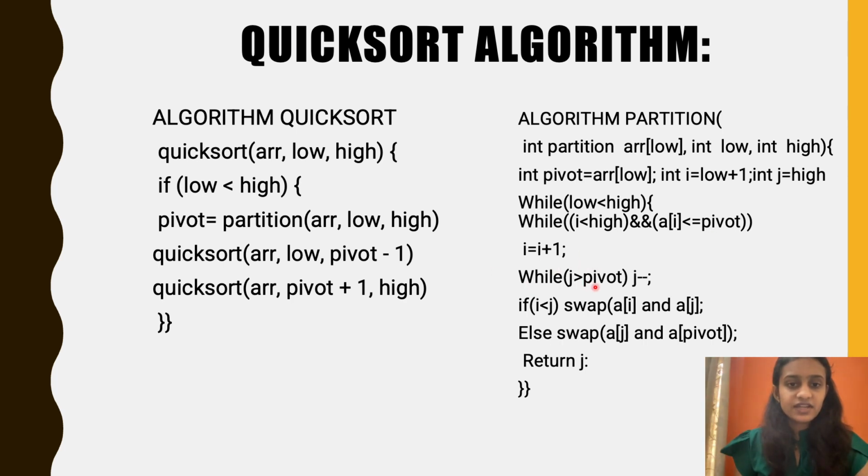While a of j is greater than the pivot value, j minus minus. We are using an if condition: if i is less than j, then we have to swap a of i and a of j, else we have to swap a of low and a of j, and return j.